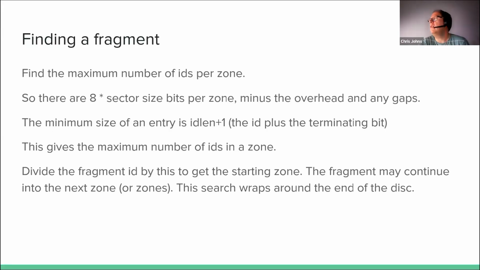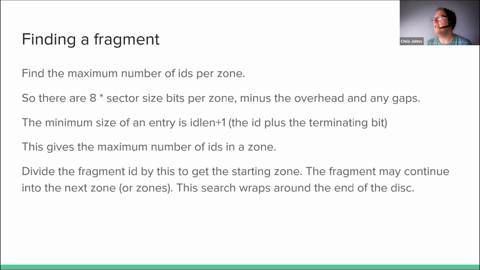So there is the sector size in bits per zone, minus the overhead. It was always multiplied by 8, of course, because it's bits. The sector size will tell you how big each zone is, because, as I said earlier, each zone is one sector, and there can be a gap between each zone and the next zone.